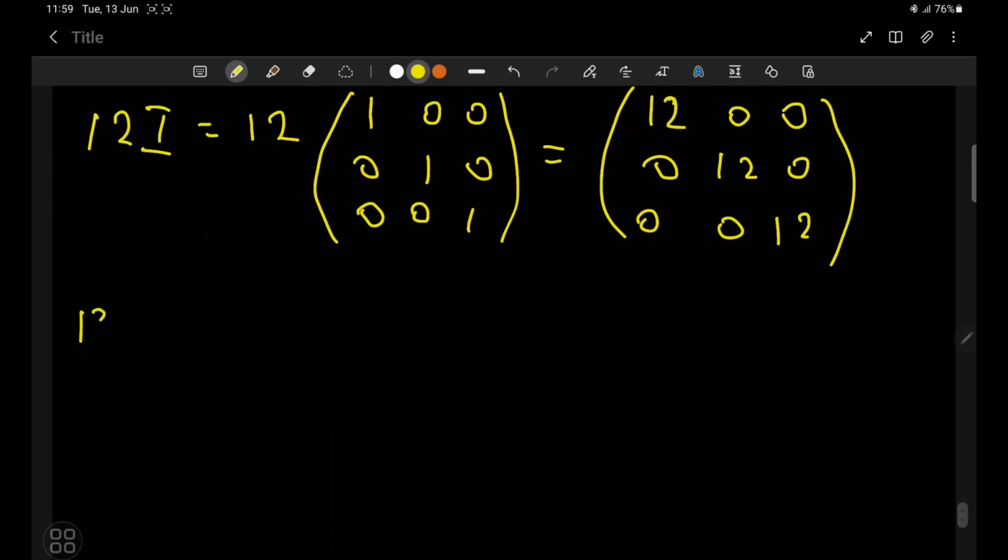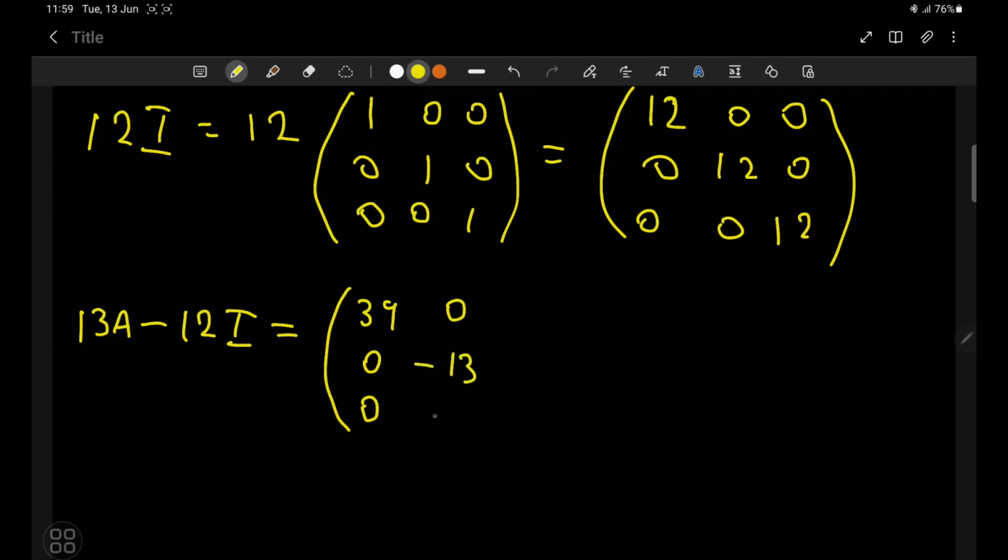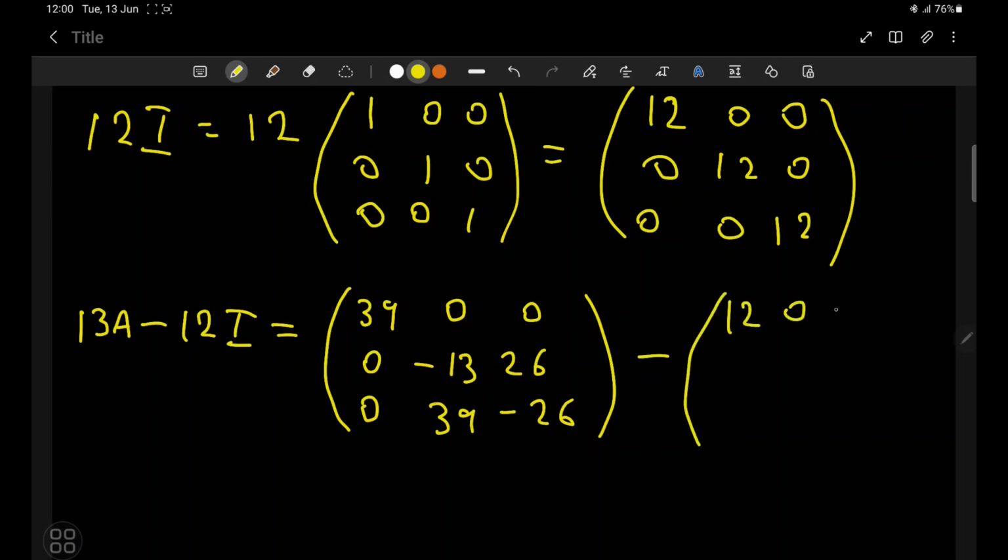So that is, we're saying 13A minus 12I will be equal to, so our 13A matrix is 39, 0, 0, and then 0, negative 13, and 39, and then we have 0, 26, and negative 26, subtracting the 12I, which is 12, 0, 0, 0, 12, 0, 0, 0, 12.